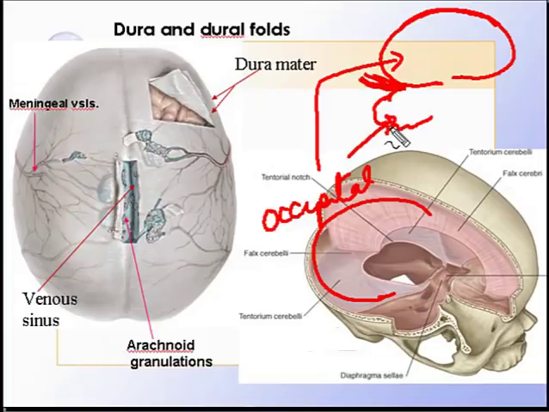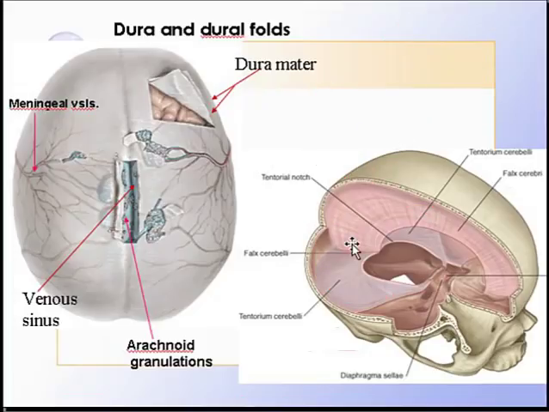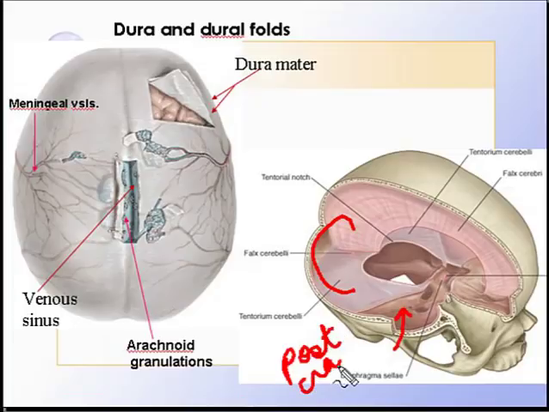So the tentorium has the occipital lobe lying on top and the cerebellum lying below. And the cerebellum lies here in a region which is known as the posterior cranial fossa. So this region is known as the posterior cranial fossa. So the occipital lobe lies on top of the tentorium and the cerebellum lies below the tentorium.